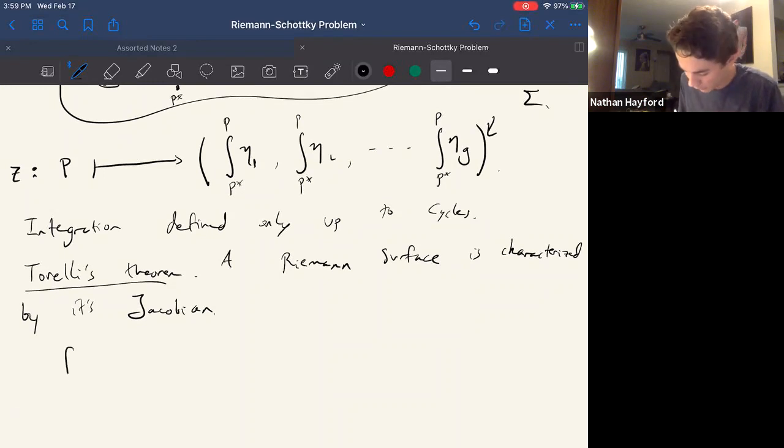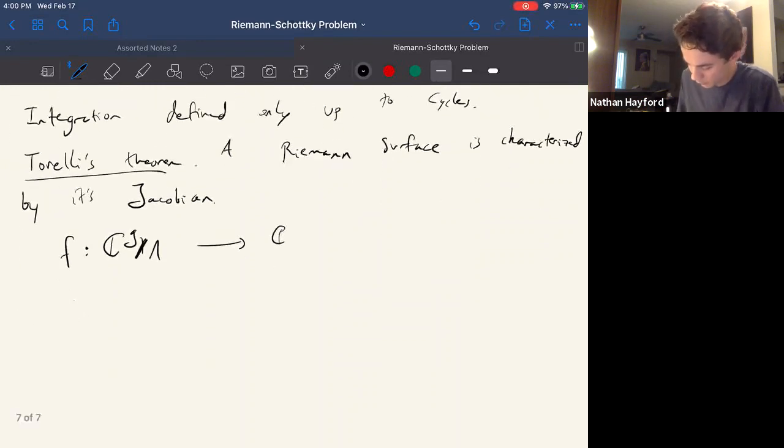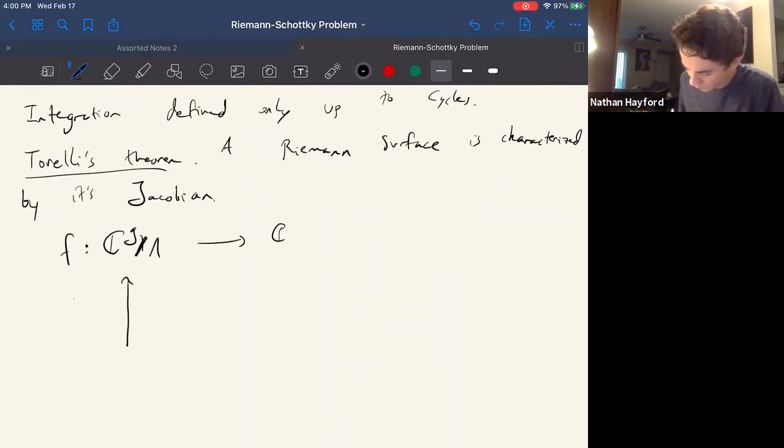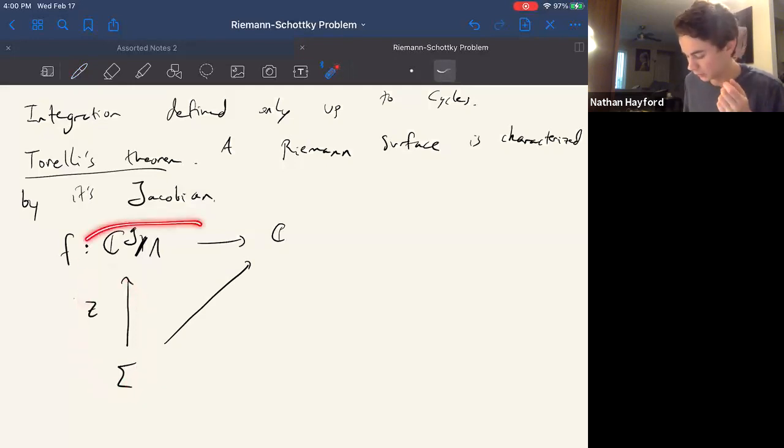So if f is a function on the torus modulo gamma, into C, well, I just take the map from the Riemann surface, so this Abel-Jacobi map, into C. So any function I want to define, I can build in this way. I first define this Abel-Jacobi map, and then I can just treat functions on this surface.